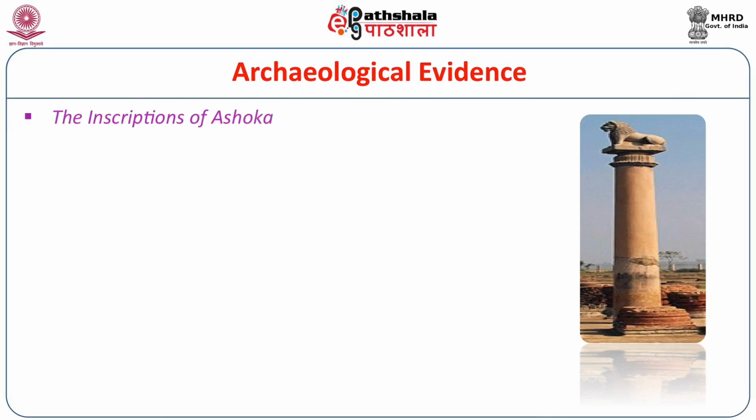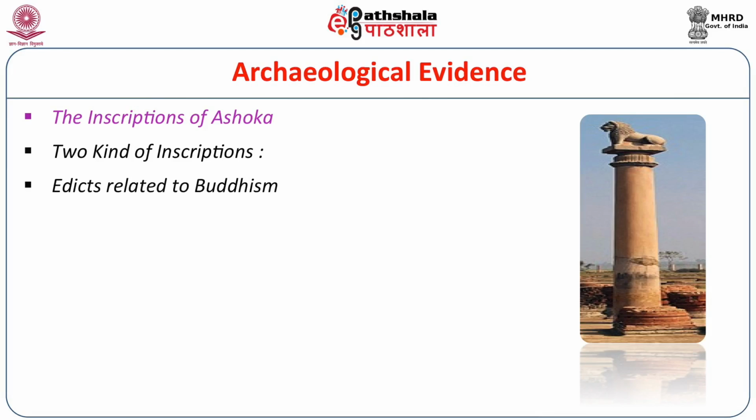The most important form of evidence that we have from the archaeological side are, of course, the inscriptions of Ashoka. By nature, the inscriptions of Ashoka can be divided into two categories. One are edicts which are related to Buddhism, and second are the edicts which propagate Dhamma.